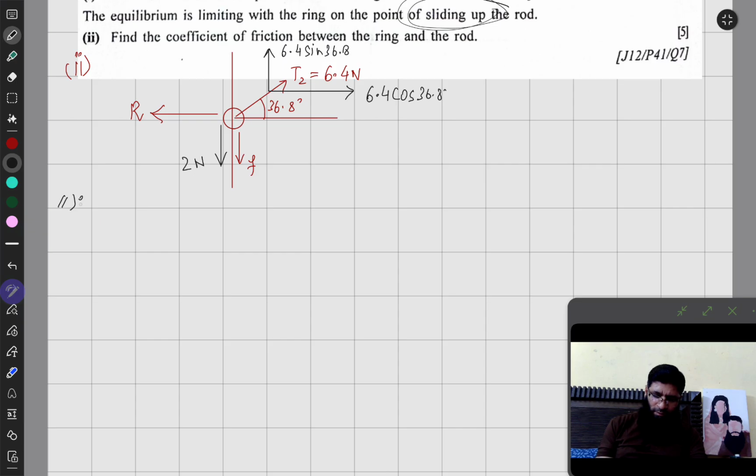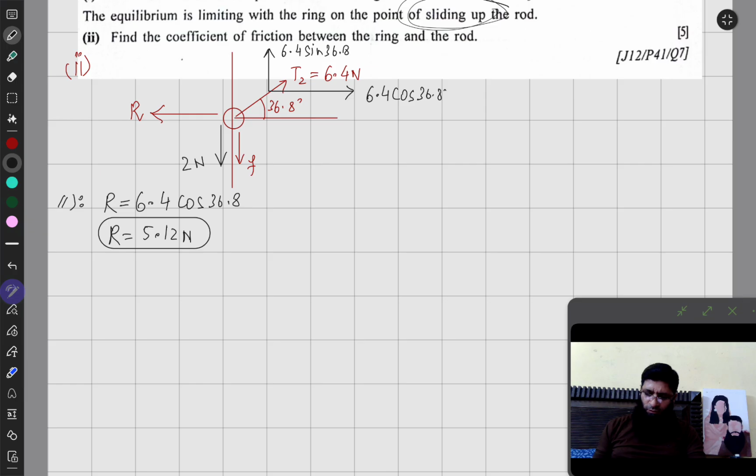For the parallel forces, you have R equal to 6.4 cos 36.8, which, if you use the calculator, will be 5.12. So R will be 5.12 newtons, but we are supposed to find the coefficient of friction.